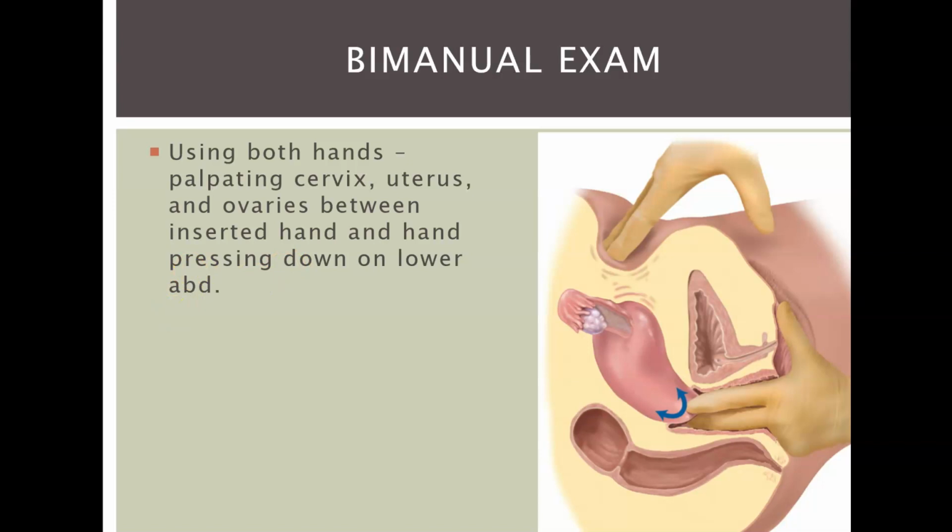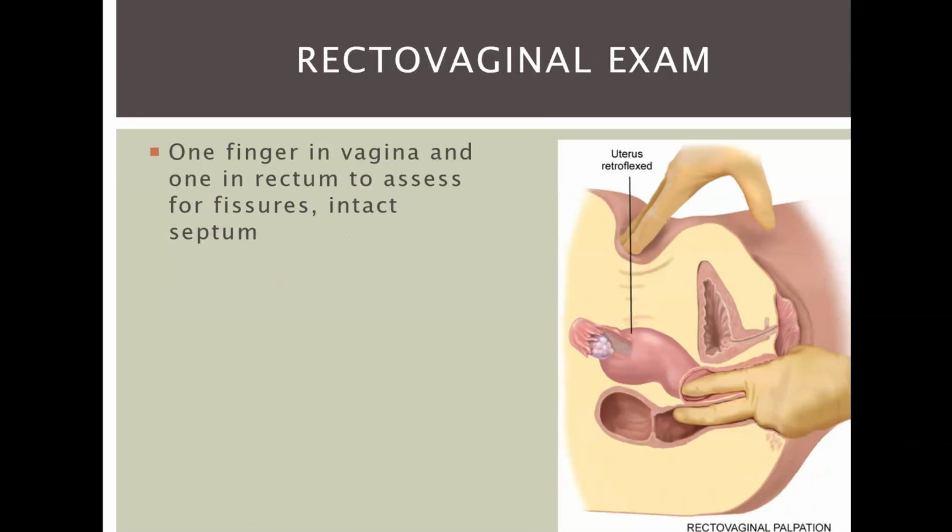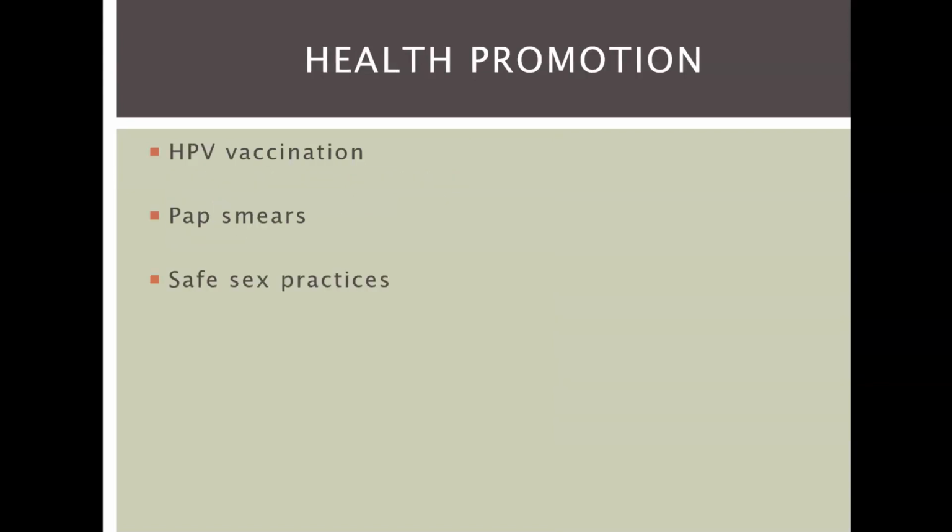And this shouldn't cause any discomfort. Okay, and then the recto-vaginal exam is almost the same thing: one finger in the rectum, one in the vagina, to make sure that they don't have any fissures and that they have an intact septum.